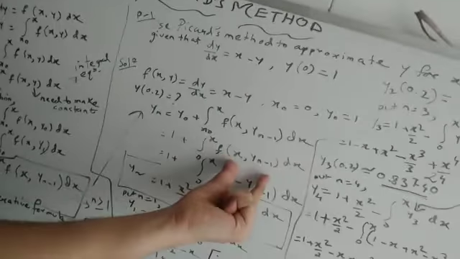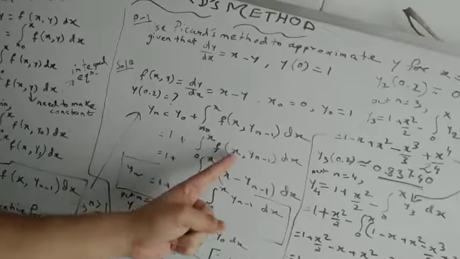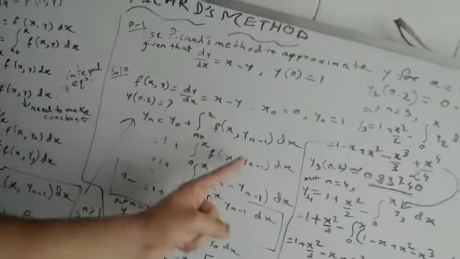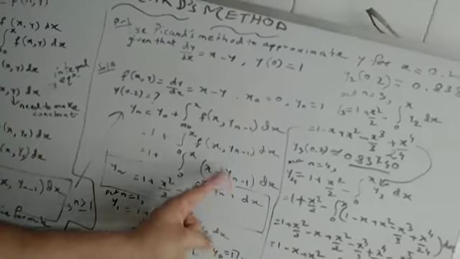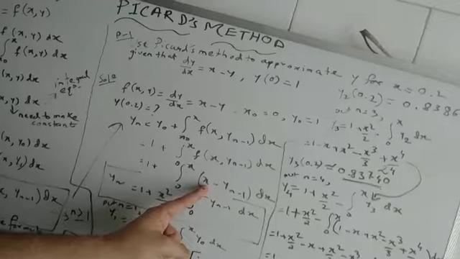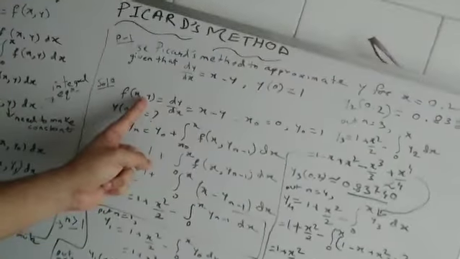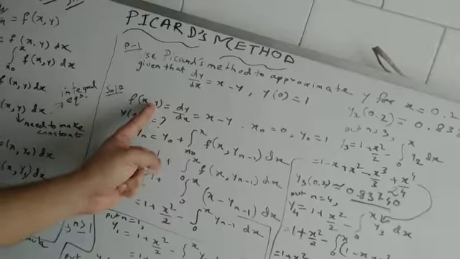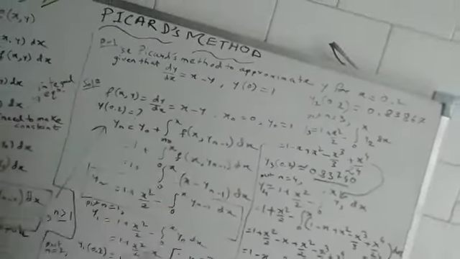Now what is f? f is x minus y, and if I replace this y by yn minus 1, then it will be x minus yn minus 1. x I haven't touched, it remains unchanged. But instead of y, I plug in yn minus 1.